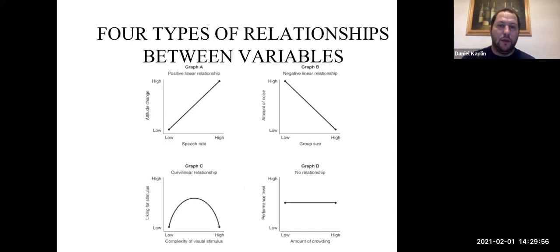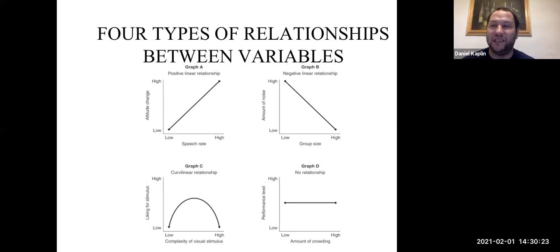So here is how a positive linear correlation looks. You'll see a positive linear correlation goes upward to the right. A negative linear correlation slopes downward to the right. A curvilinear function is like a bell curve. It goes up in a systematic way and down in a systematic way.